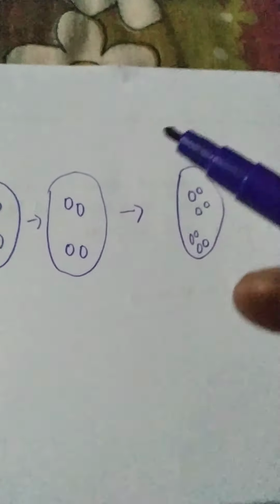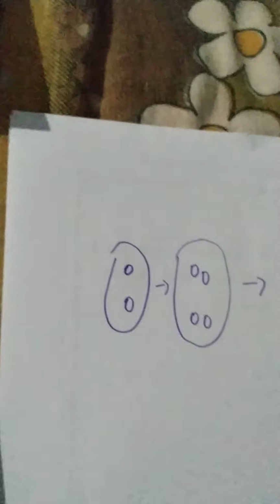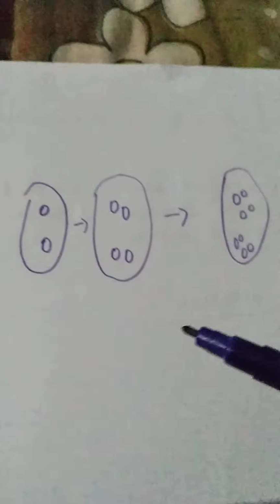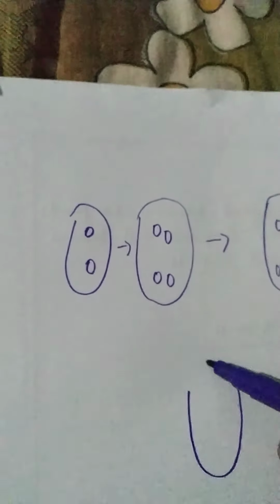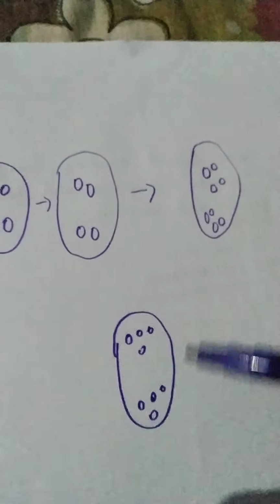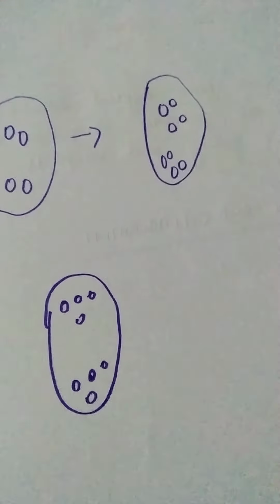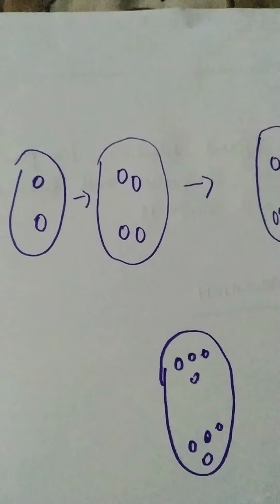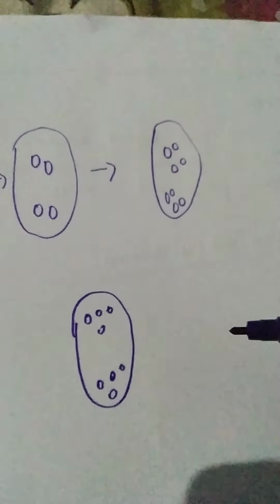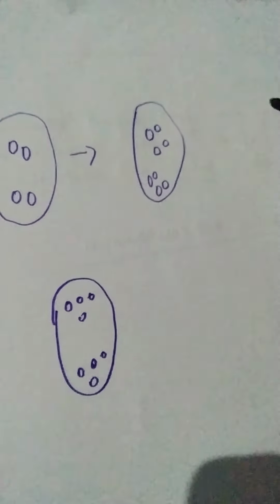So again these cells arrange themselves, meaning the nuclei are going opposite to each other, and they will arrange in such a way, 1 2 3 4 and 1 2 3 4. Once they arrange, the 2 daughter nuclei undergo another division and give rise to a 4 nucleate state.